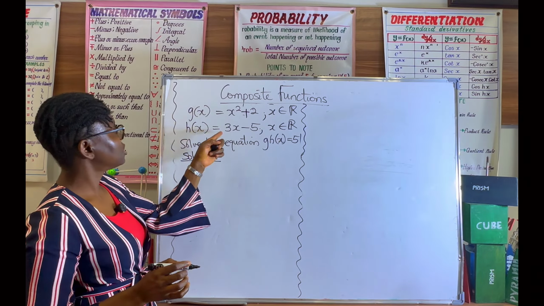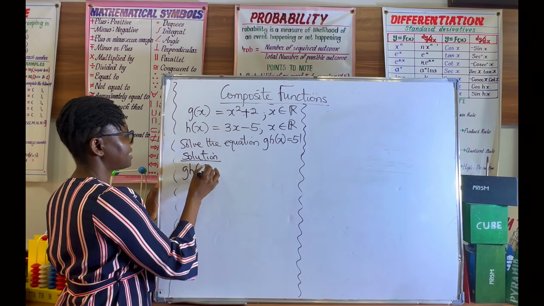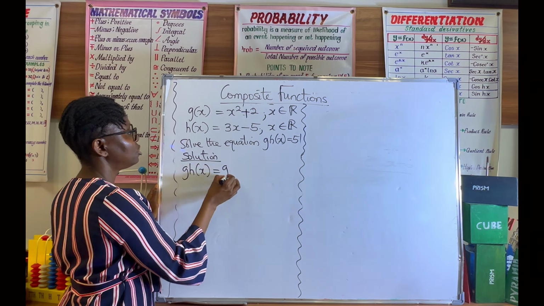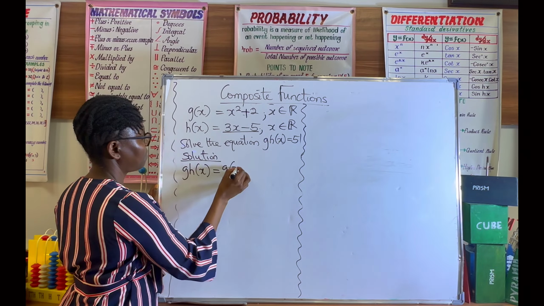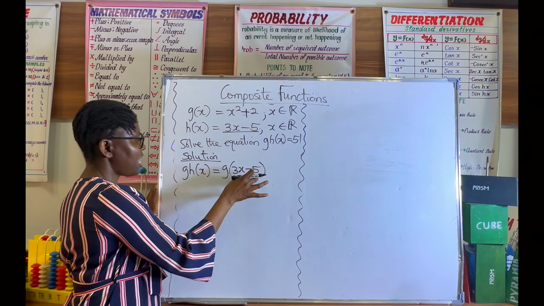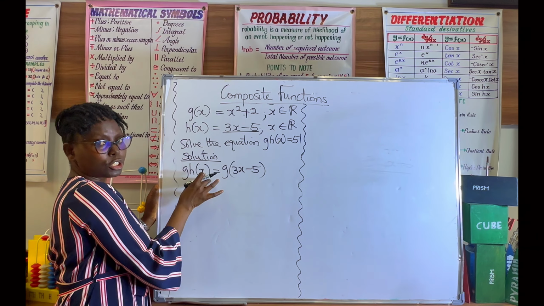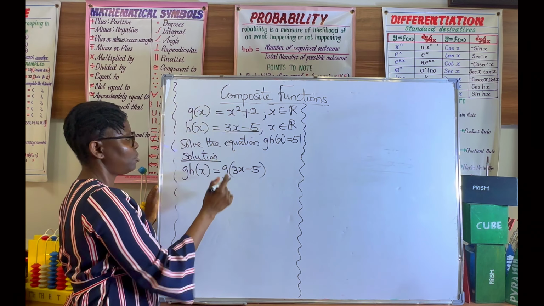Look at the h function. g of h of x is equal to g of what? 3x minus 5. And 3x minus 5 is the h function. I'm inputting it into the g function. The g function is what? x squared plus 2.